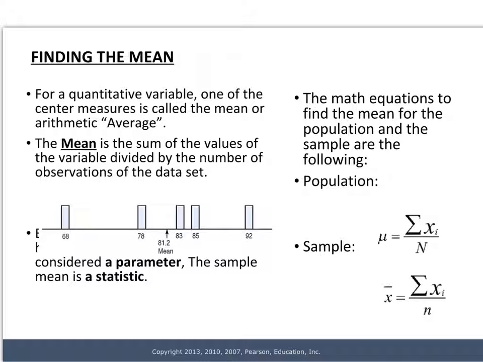For the population, the equation for mu, the population mean, is equal to the sum of all the values in the population divided by the size of the population. The sample mean, x bar, is the sum of the values in the sample divided by the sample size. So here is the sample mean.